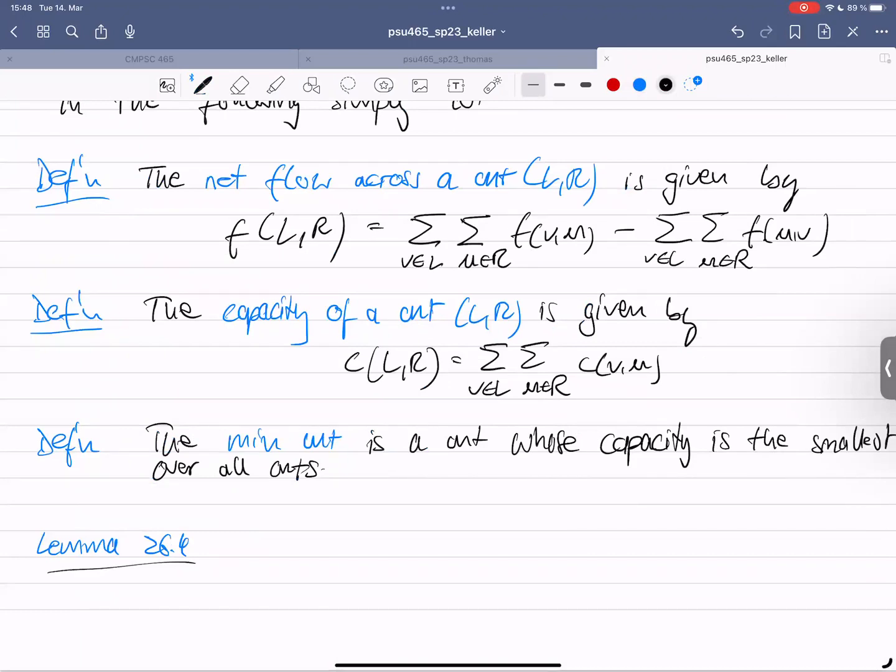So this lemma simply says that if I consider any cut and then consider any flow, the net flow across the cut is exactly the same as the value of the flow.